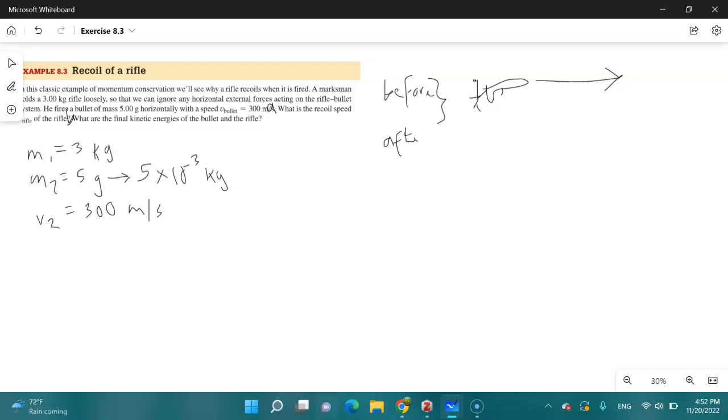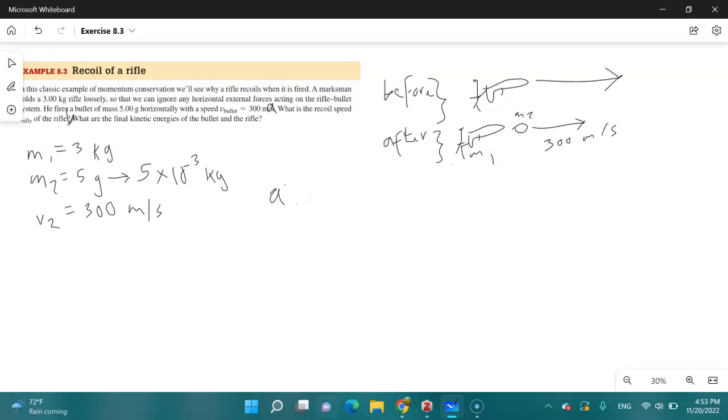And then after, draw the little man again. And now, the bullet is going this way at 300 meters per second. And we know its mass. And we know the man's mass.